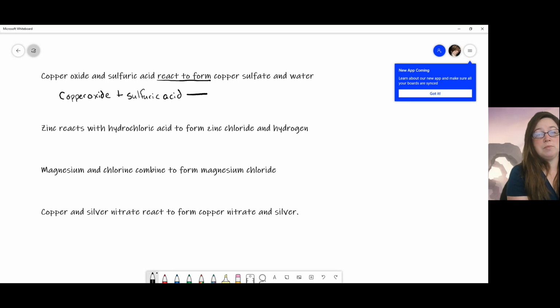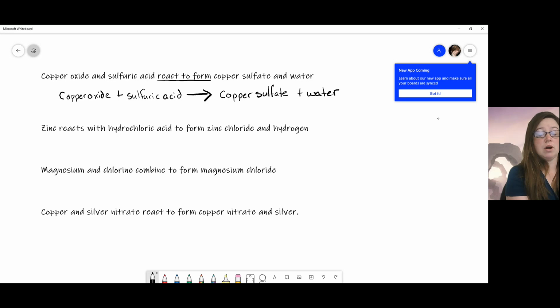This is where you know you need to put in that arrow. And it says copper sulfate and water. Okay, so this is what's called a word equation.